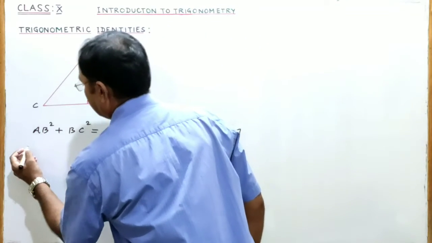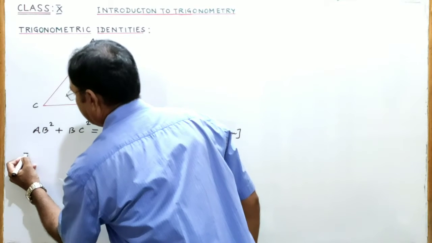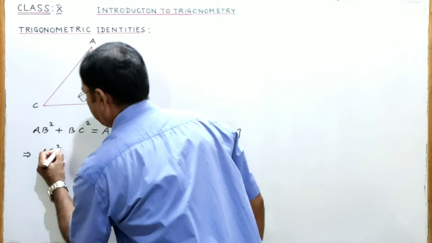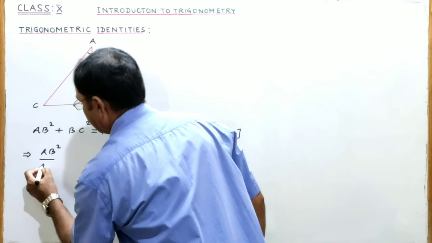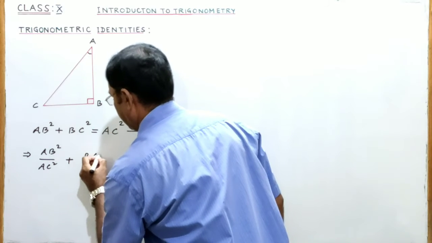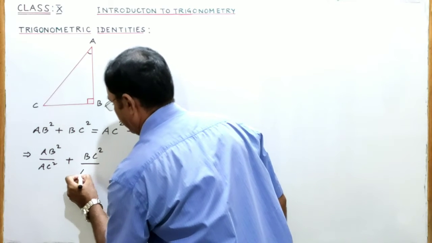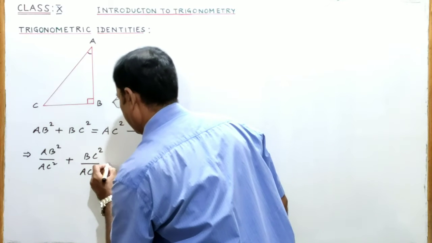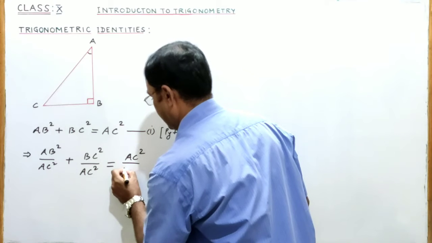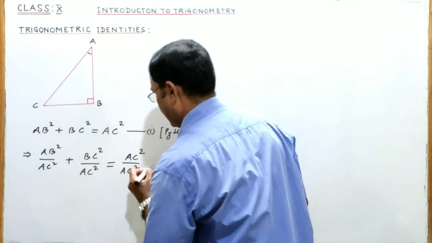On dividing throughout by AC square, we get AB square by AC square plus BC square by AC square equal to AC square by AC square.